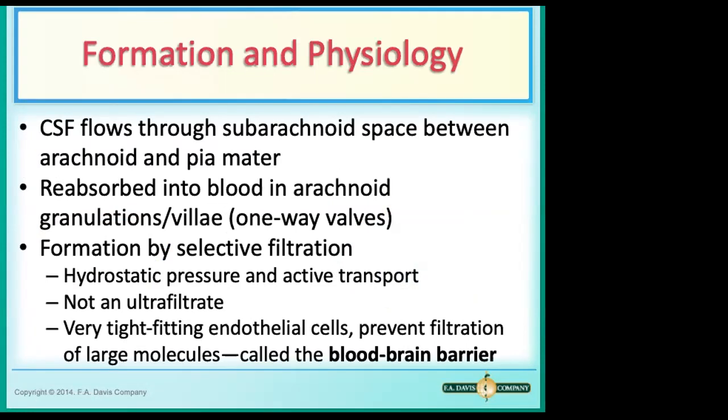Okay, so a little bit about the physiology, the formation of CSF. The choroid plexuses are capillary networks that form the CSF from plasma by mechanisms of selective filtration under hydrostatic pressure and active transport secretion.